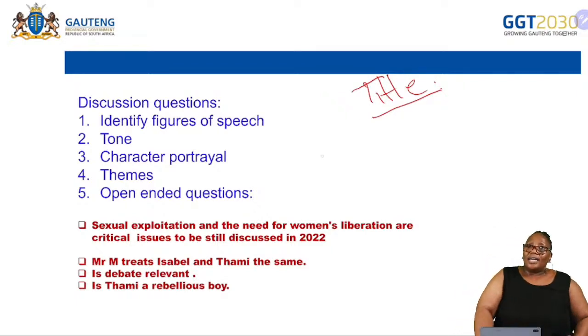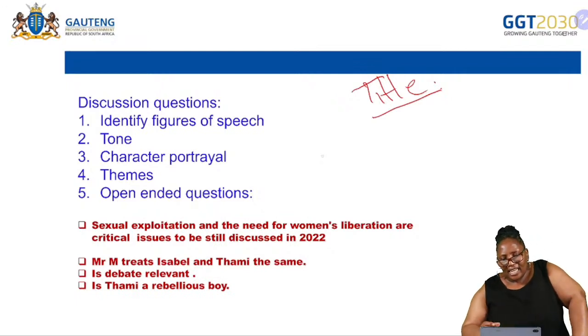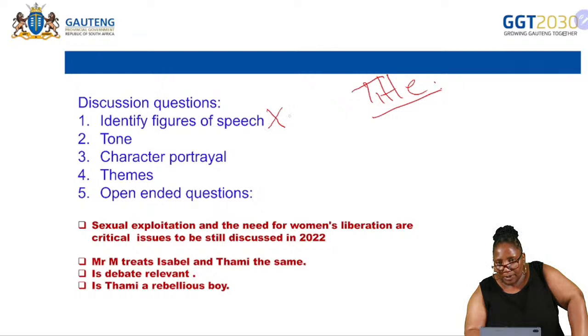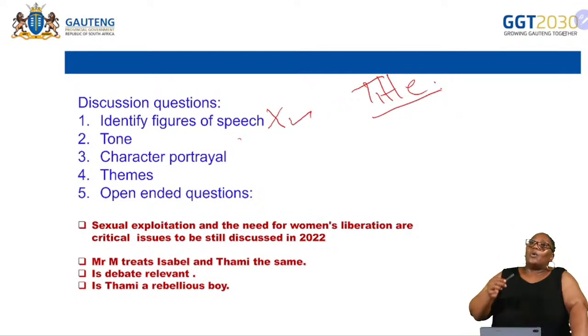Of all the things that we have discussed this afternoon, I would like you to take into cognizance figures of speech. You should be able to identify the figures of speech as you read and how they are used.